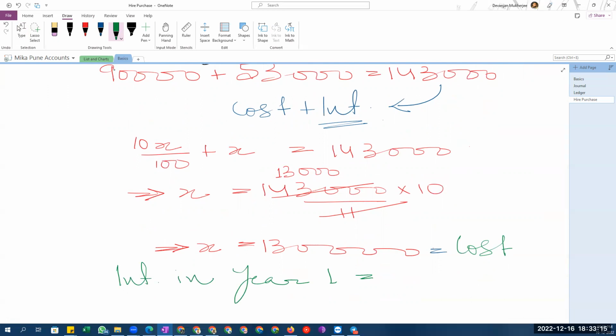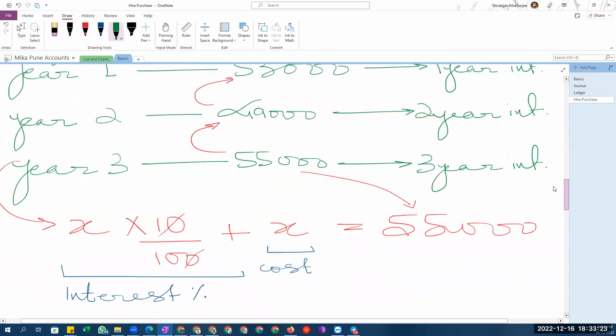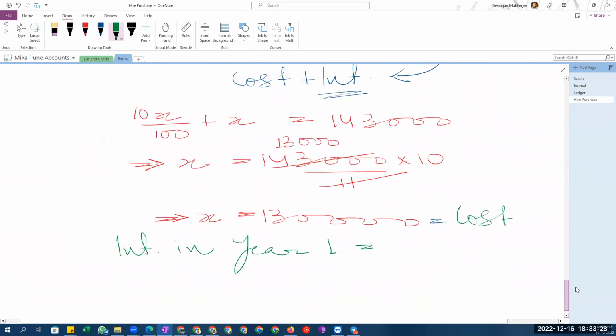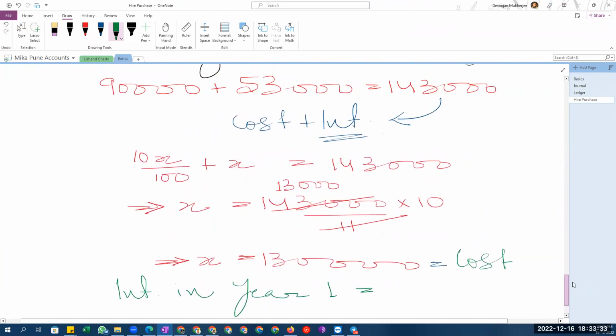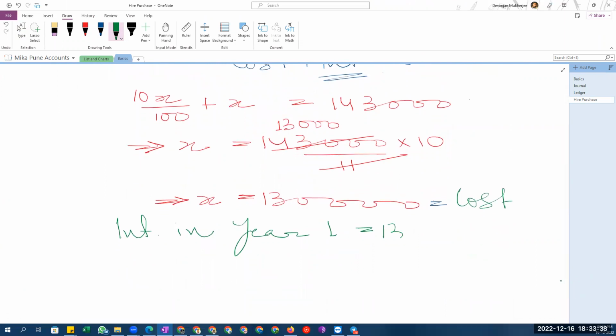No, sorry, it is 1,30,000. 1,43,000 minus 13,000 is 1,30,000. Yes, the interest is 13,000. I was looking at the wrong value. These two values. So done. So now we have found all the 3 years' interest.